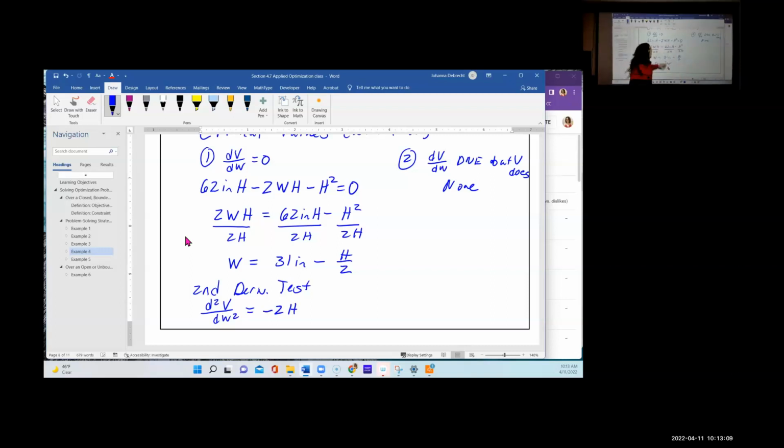Third term does not have a W in it, so it cancels out and becomes 0. And I get that the second derivative is just negative 2H. Now, H is a constant. It has to be greater than 0 and less than 62. So I know that this has to be a negative value, which means it's concave down, which means this is a relative maximum.